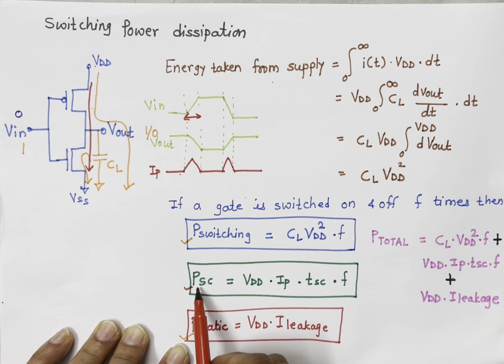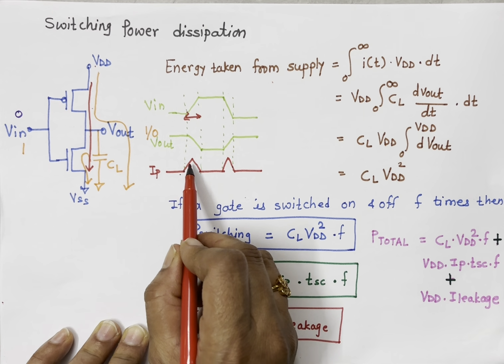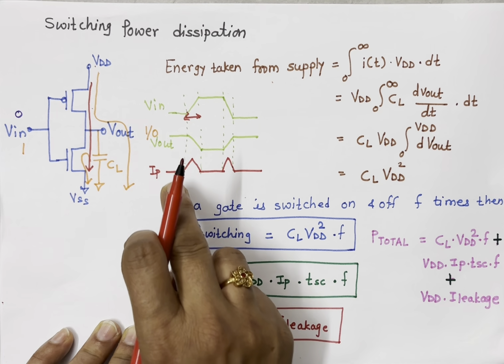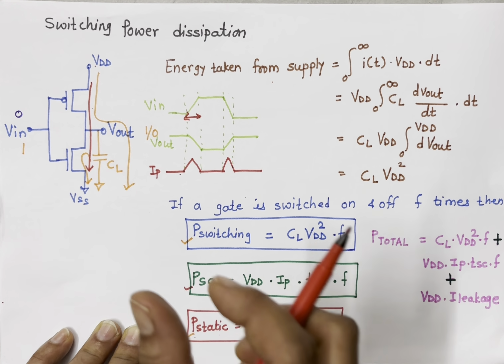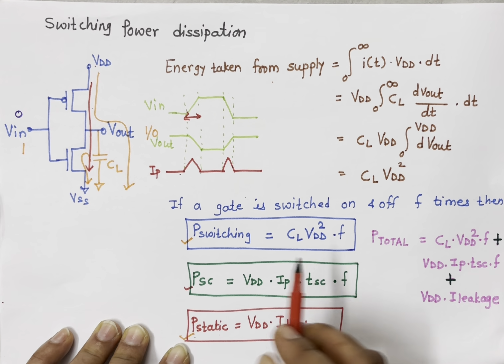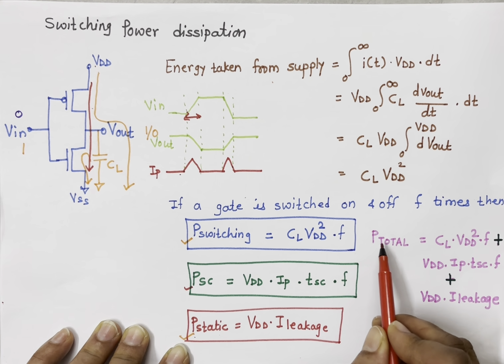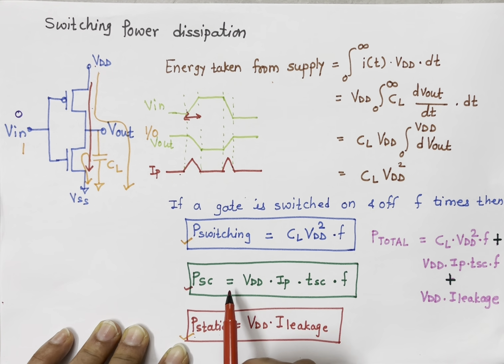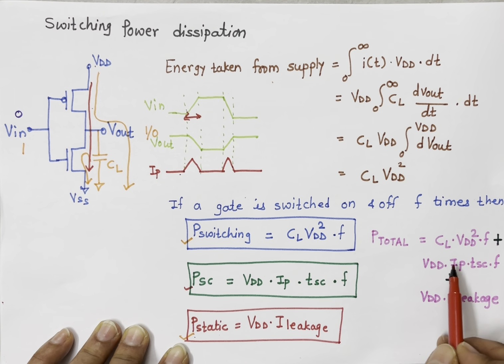So this PSC is VDD into IP, where IP is the peak value of this short circuit current and TSC is the duration for which I am getting this short circuit current, into F. So total power dissipation equals P switching, that is CL VDD squared into F, plus short circuit power VDD into IP into TSC into F, plus static power dissipation, that is VDD into I leakage.